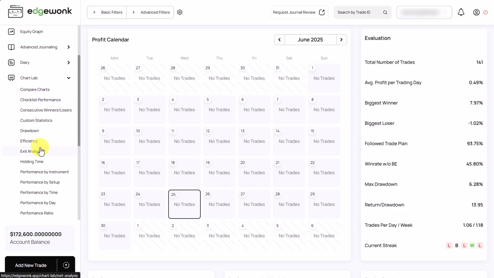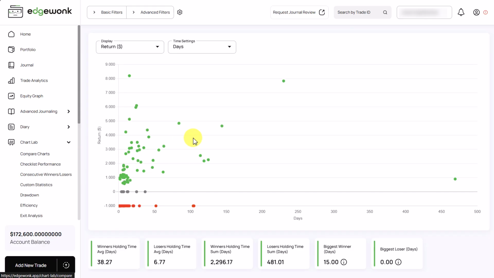Another thing to always analyze is the holding time. For day traders, typically you want to look at trades that happen within a day. So you open and close the trade within the same day. Here, what we have is a swing trading journal, and you can see the holding time here stretches for many, many days. One of the trades goes on for 125 trades.